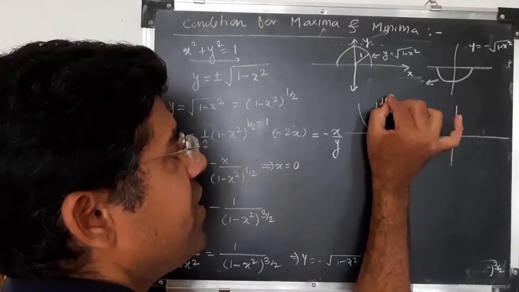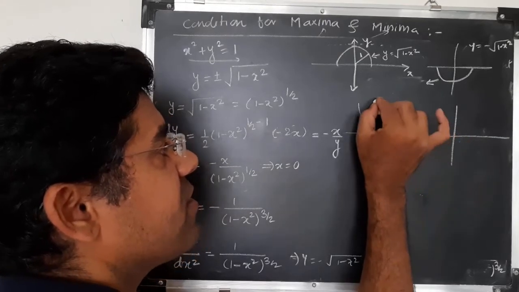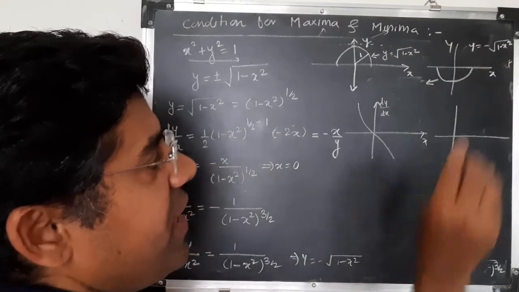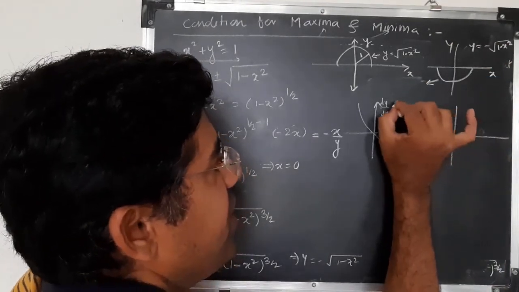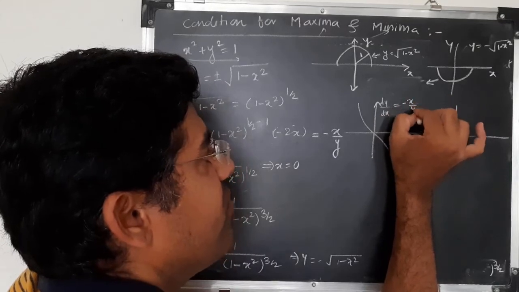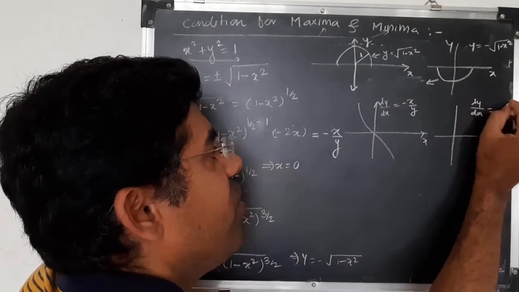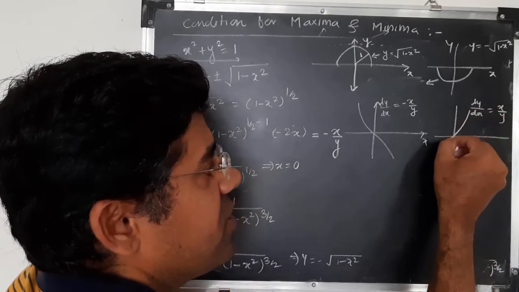So this is my dy by dx and this is my x. This is my y, this is my x. So in this case, my dy by dx is minus x divided by y. Here dy by dx value is x divided by y. So the nature of that curve is just like this.